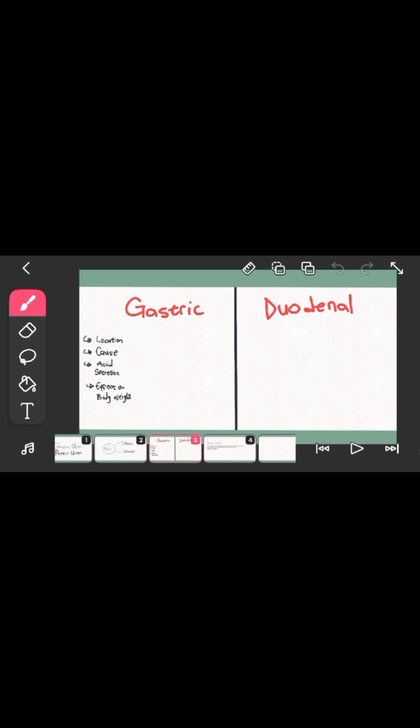Now, the acid secretion, I think we already have a clue to that. But surprisingly, the acid secretion in gastric ulcer does not actually increase in most cases. Sometimes it might even decrease or be normal because the main factor that causes gastric ulcer is not the increase in acidity, it is the decrease in defense of the gastric wall.